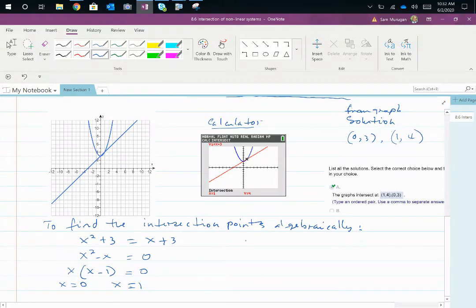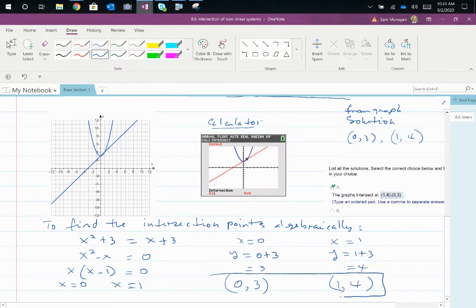Okay, so the two solutions: when x is equal to 0, y is equal to 0 plus 3. So one solution is 0 and 3. And when x is equal to 1, y is equal to 1 plus 3, which is equal to 4. So the second solution is 1 and 4.